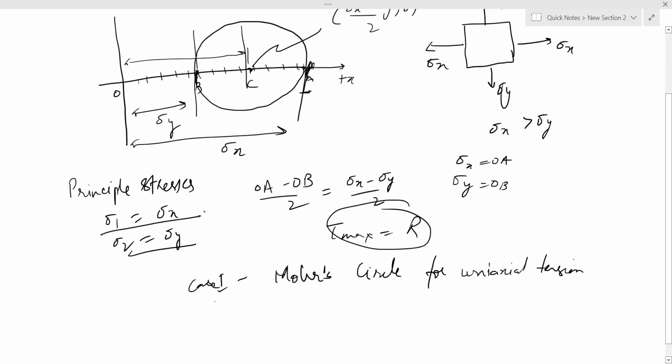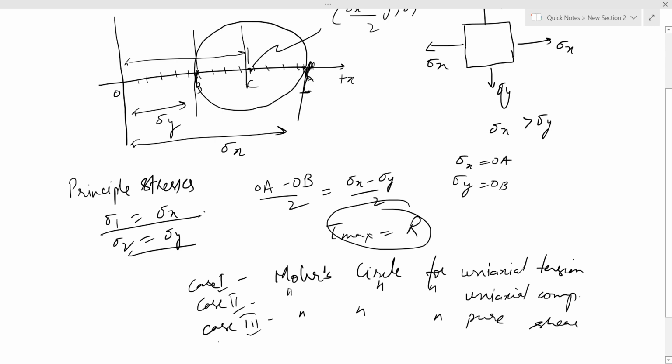Case 2 was Mohr circle for pure uniaxial compression. Case 3 was Mohr circle for pure shear. And finally, case 4 was Mohr circle for pure biaxial tension. In the next part, we will discuss a few more cases on Mohr circle.